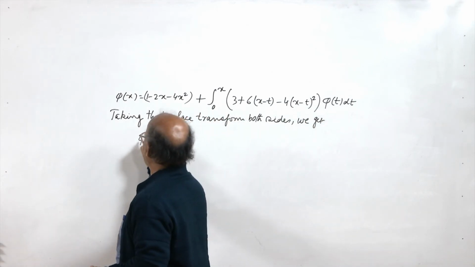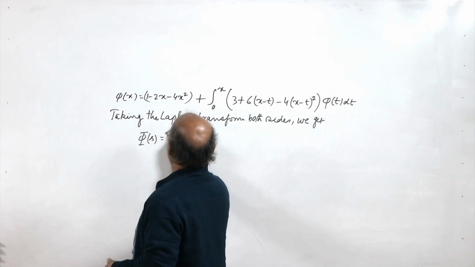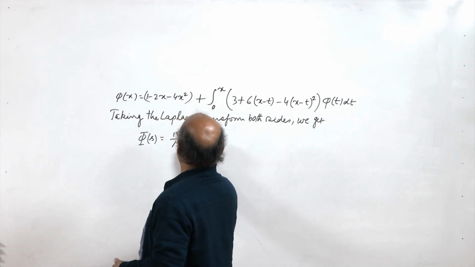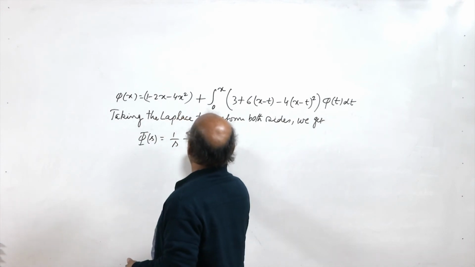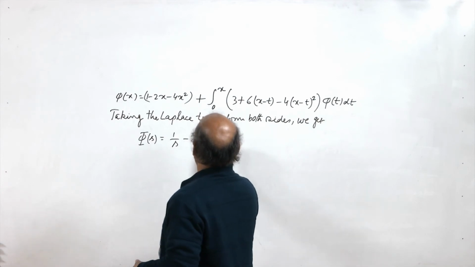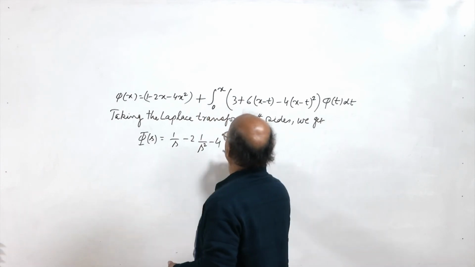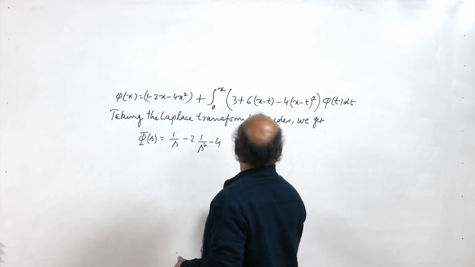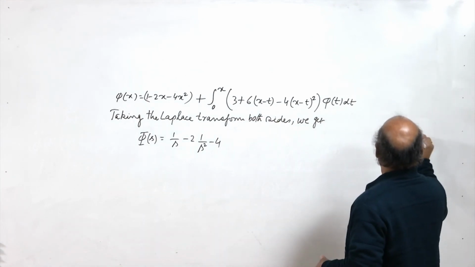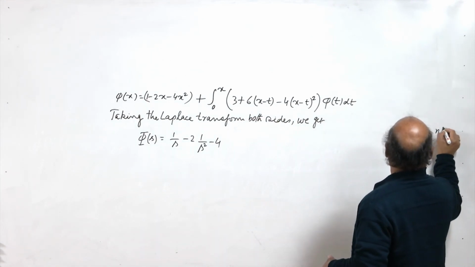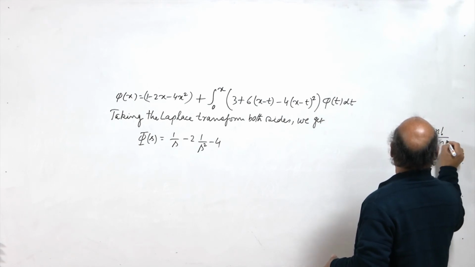Phi s equals the Laplace transform of 1, which is 1 by s, minus 2 times the Laplace transform of x, which is 1 over s square, minus 4 times the Laplace transform of x square. The Laplace transform of t to the power n is equal to n factorial divided by s to the power n plus 1.